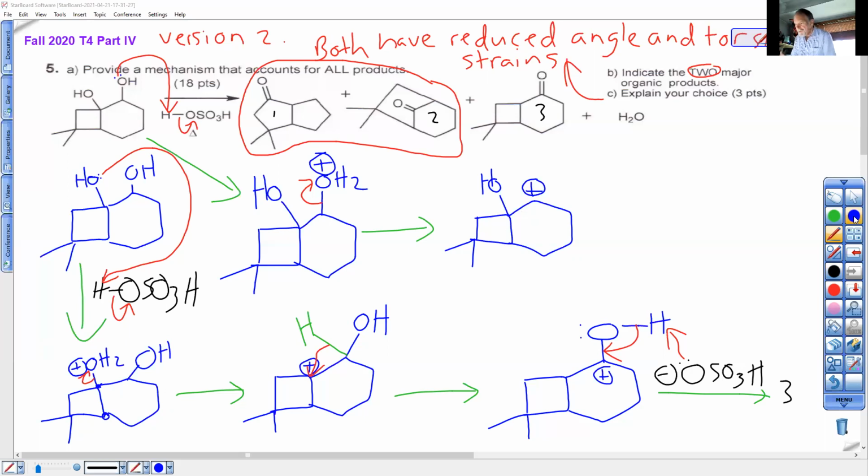So just like these two were equal to each other, because you can't have one molecule of sulfuric acid protonate this O and the same molecule of sulfuric acid protonate the other O. I've had students do that on tests. They lose a point. You can't have a molecule do two different things at the same time. So you can't show both rearrangements at the same time. You got to say some of the cations rearrange like this and some rearrange a different way.